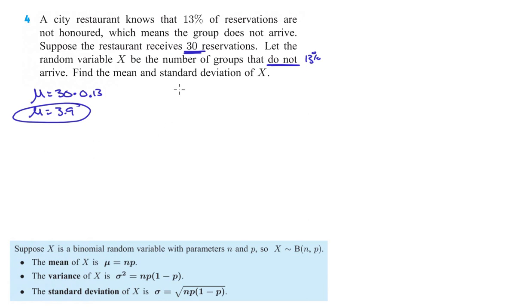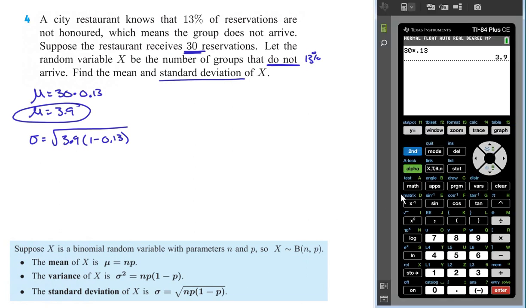Okay, so now we want to find the standard deviation. So our standard deviation here is going to be the square root of n times p, which is our mean, which we know is 3.9. And then we're going to multiply that by 1 minus the probability, so 1 minus 0.13, and take the square root of that whole thing.